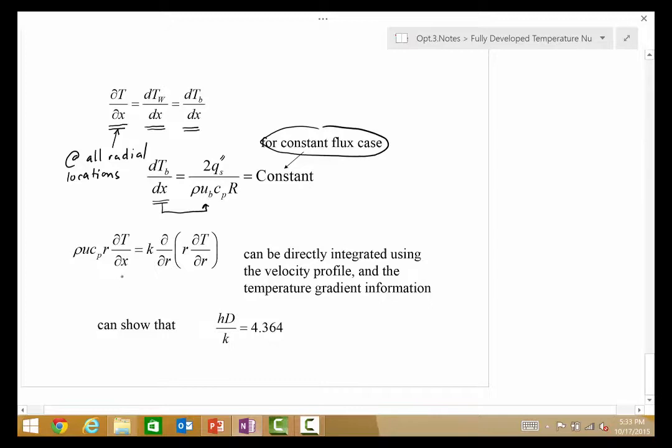And so what it means is that when we look at the high Peclet number problem for a pipe or tube, this partial differential equation is not so bad because dT/dx is just a constant. If it's just a constant, we can integrate this thing, including the radial velocity profile, and get the temperature distribution.